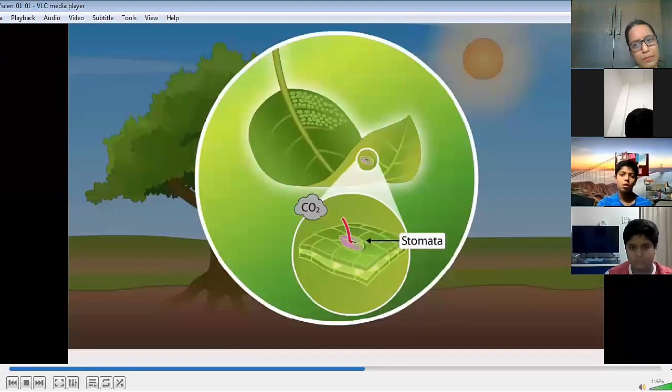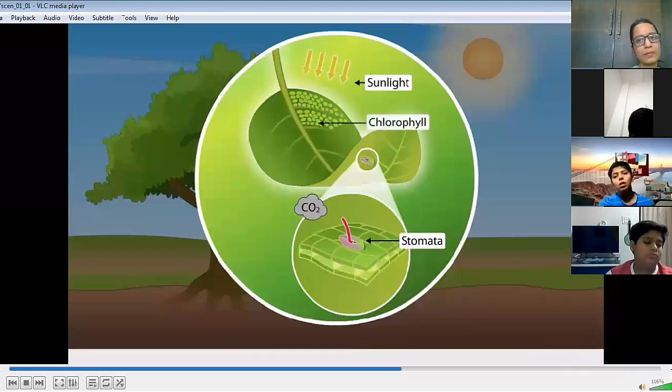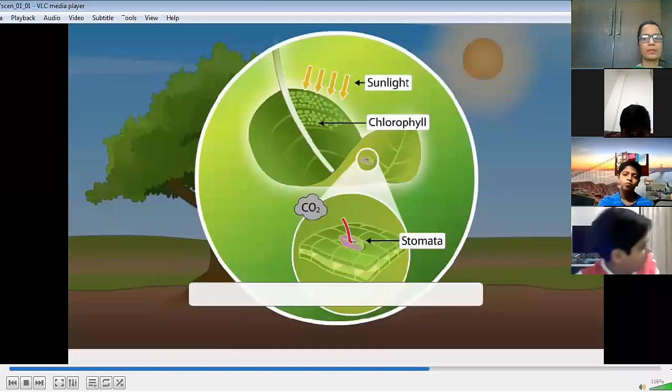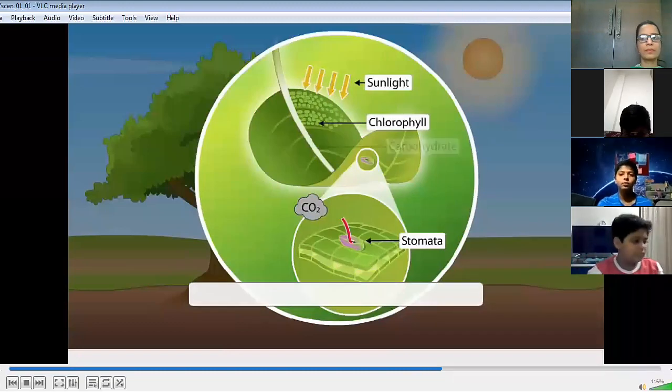Plants need energy too to prepare their food. This energy comes from the sun. Leaves have a natural green-colored pigment called chlorophyll, which absorbs energy from the sunlight. In the presence of sunlight, water and carbon dioxide combine to produce carbohydrate and oxygen.